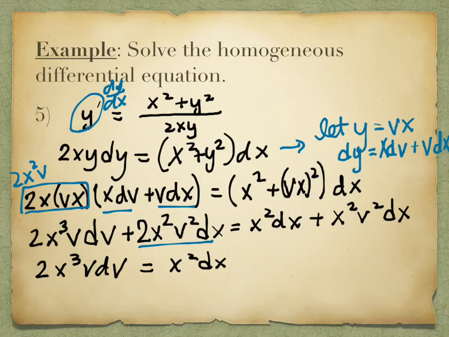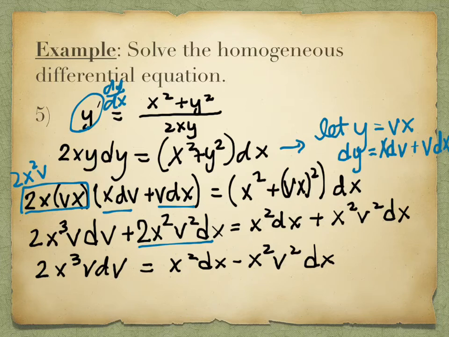So I've actually got x squared v squared minus 2x squared v squared, which means I really have what? I have negative 1, or just negative if I want to write it that way. X squared v squared dx. How are we doing? We okay?